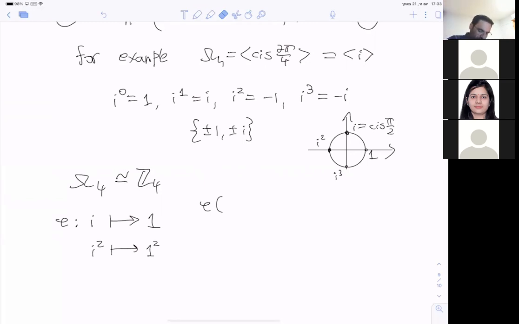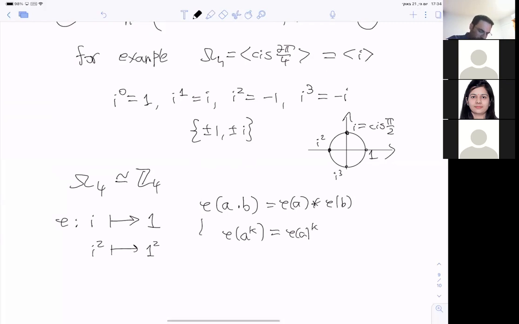To preserve the operation means that if you take a dot b in the source, then it will be phi of a, phi of b in the target. So of course phi of a to the k will be phi of a to the power of k.